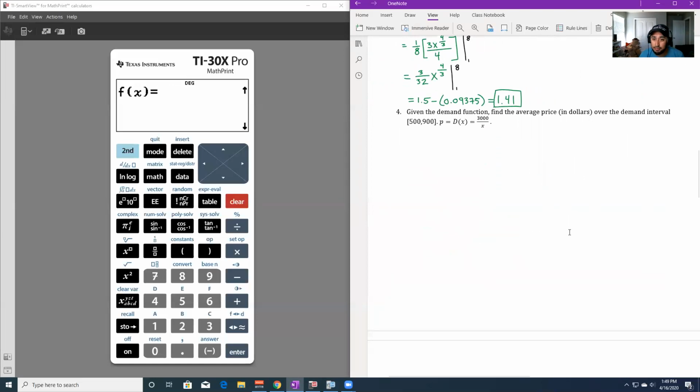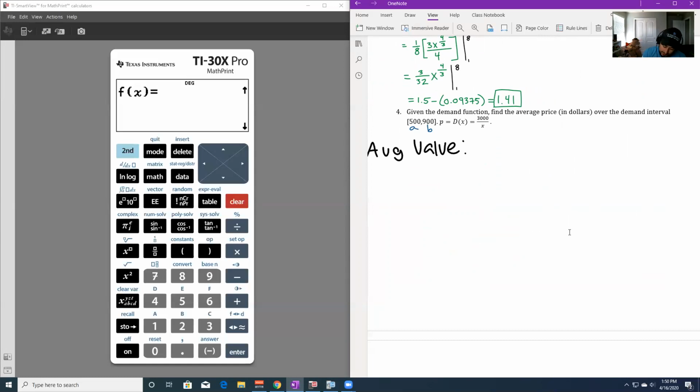We just don't have to graph, which is perfect. So we want to find the average price, so again, I'll just say average value. Our interval is 500 to 900, so 500 will be a, 900 will be b.